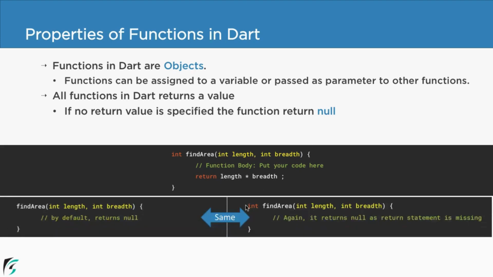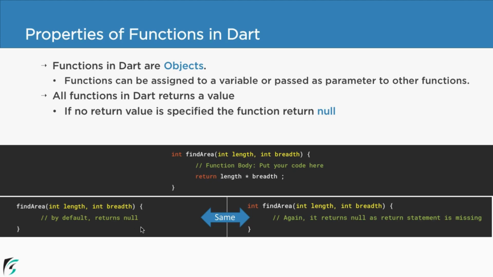Here we have two examples, on the left and on the right. On the left, you will notice we don't have any return type. We have just defined our function and the parameters, and in the body we are not returning anything. When the return statement is missing, the function in Dart simply returns null, like this. Just remember that.